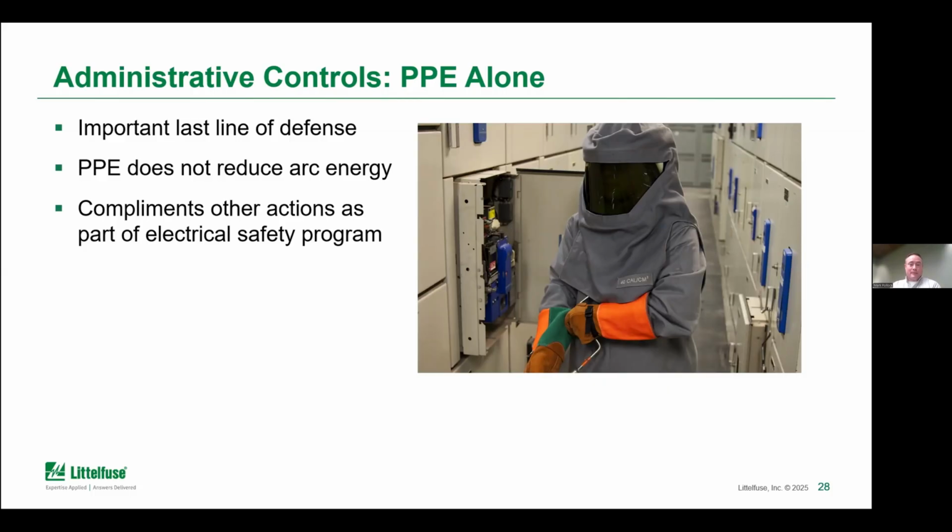And remember, with the PPE, when you get a number on the suit, if it's a 40 calorie per centimeter squared suit, that doesn't mean that in 100% of cases, every person will have zero effect if they're subjected to that arc. There's still an element of some burn that can come through the suit.